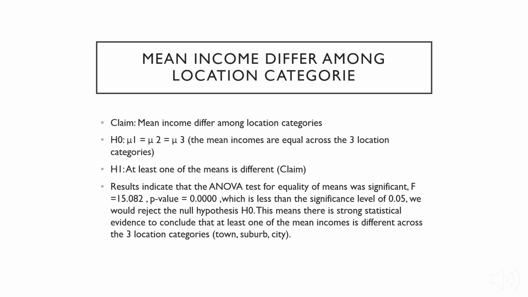Results indicate that the ANOVA test for equality of means was significant. P-value equals 0.000, which is less than the significance level of 0.05. We would reject the null hypothesis at 0.05. This means there is strong statistical evidence to conclude that at least one of the mean incomes is different across the 3 location categories.